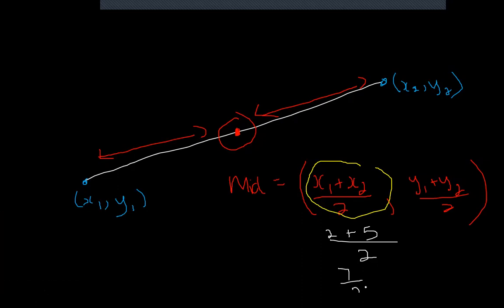So my x coordinate for the midpoint would be 7 on 2. And my y coordinate, say, y1 was 1 and y2 was 8. My y coordinate for the midpoint would be 9 on 2. So this would have been my answer.